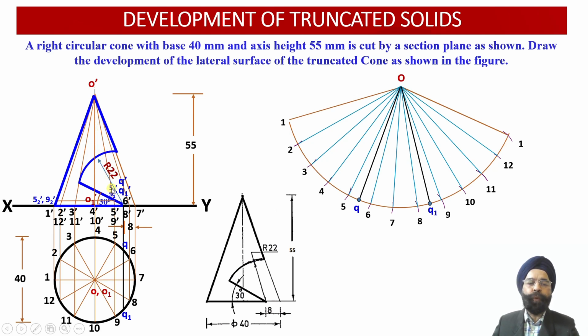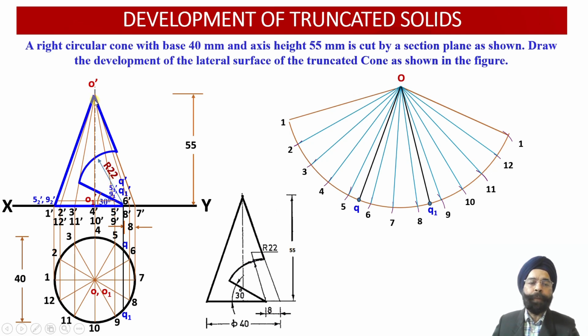So 5 1' point lies onto the slant edge O'5', whereas 9 1' point of intersection corresponds to the point of intersection of the cutting plane and the apparent length slant generator O'9' over here.